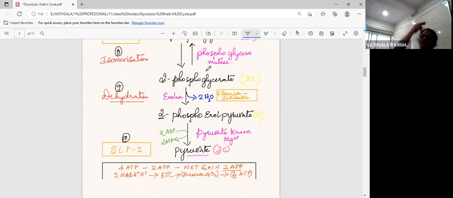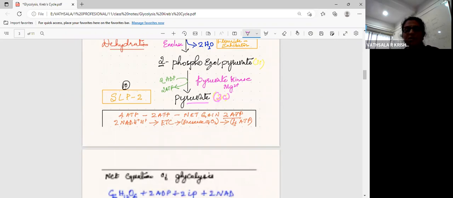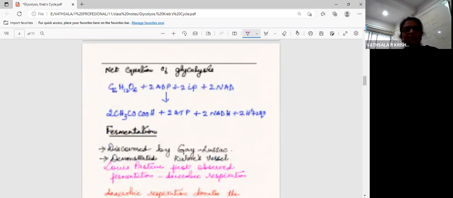So here 2 phosphorylations, and 4 ATP is given out. And dehydrogenation, oxidation, removal of hydrogen is oxidation, in which NADH is produced. So hence 6 ATP together.